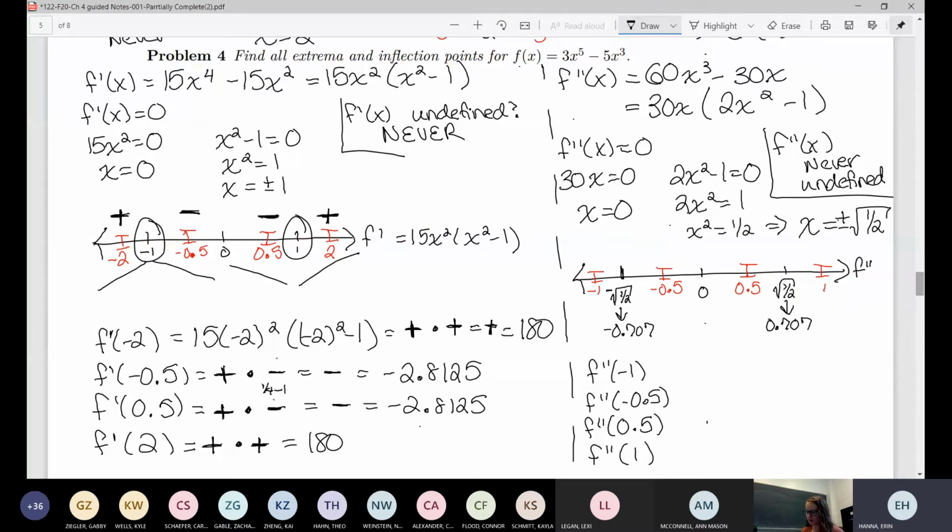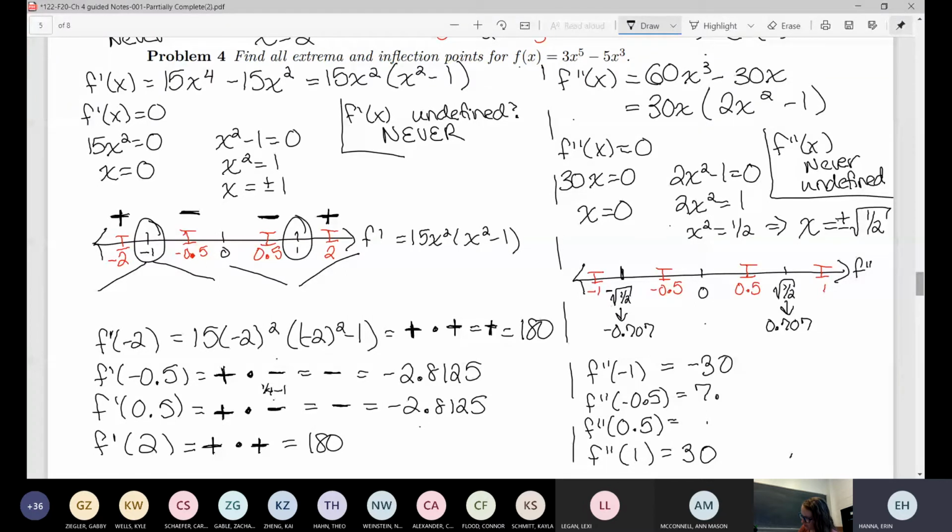So negative 30 times, oh wait, that has to be in parentheses. F double prime of negative 1 will give us negative 30. And then F double prime of positive 1 will give us positive 30. And then plugging in negative 1/2 will give us 7.5.